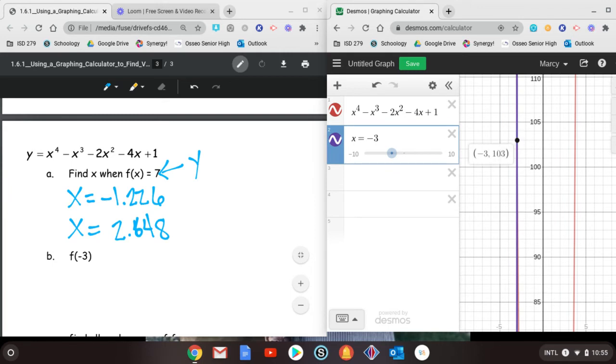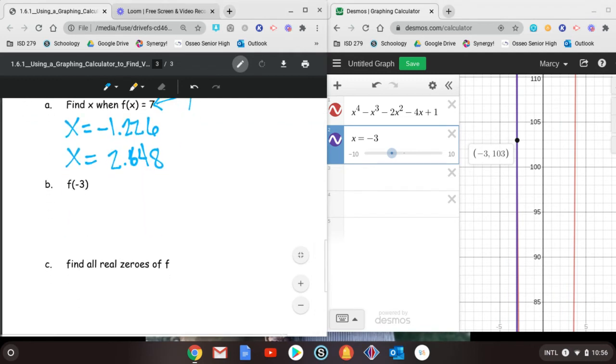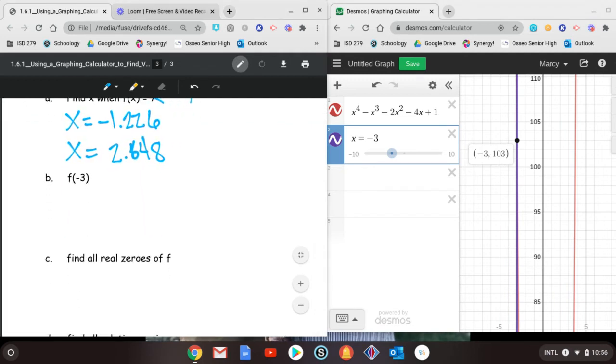And especially when you're doing it not split screen, you can make the graph bigger. It's hard to do it on a split screen because you can't have your graph super big. So this is going to be 103 because that is your y value. Okay, so sometimes you got to play around with it a little bit. Your graphing calculator will just automatically find it. It's kind of easy.